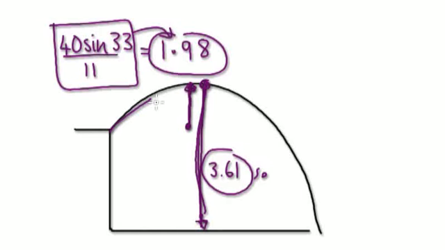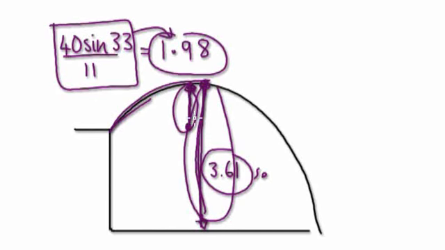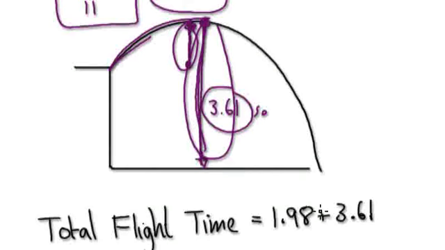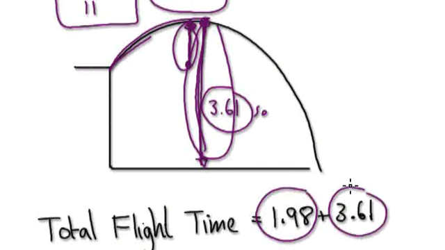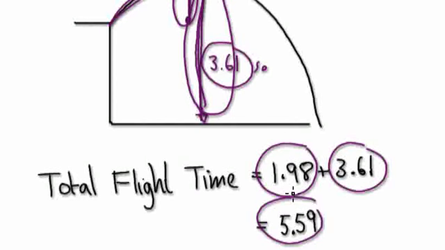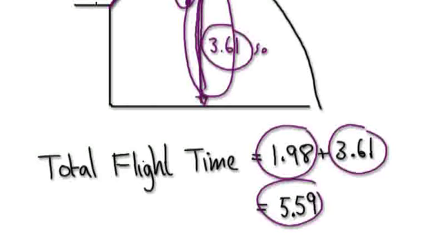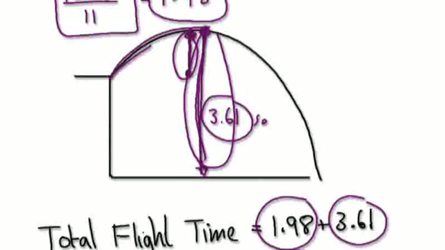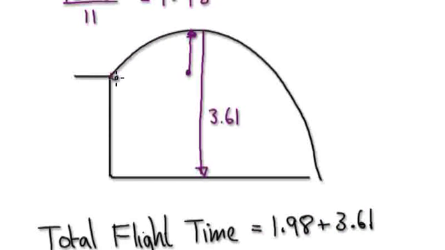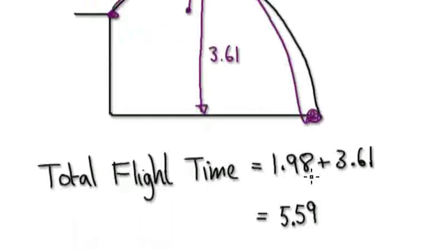So the total flight time is this thing added to this thing here, 1.98 plus this thing here. So the total flight time is this. So it takes 5.59 seconds to travel from here down to here. Okay, it takes 5.59 seconds.